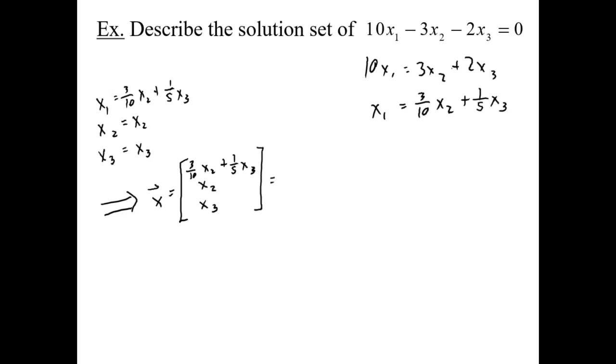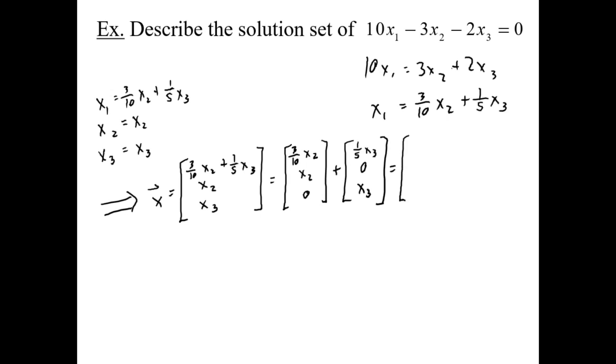I'm going to pull this apart a little bit. I'm going to split this up as 3/10 x2, x2, and 0, putting all my x2s in one vector, and all my x3s in the other. So I have 1/5 x3, 0, and x3. And the reason I'm doing that is now in my first vector, I can pull out that x2.